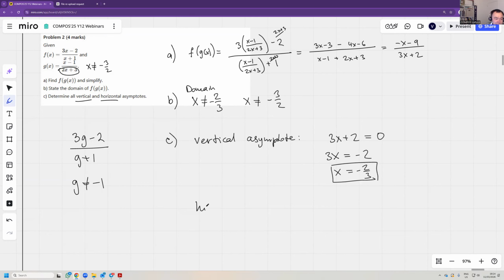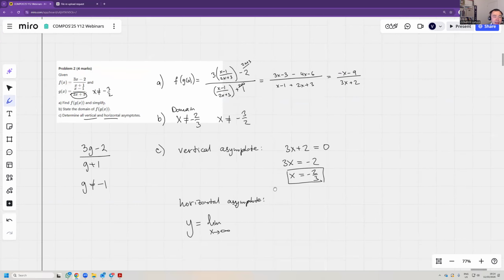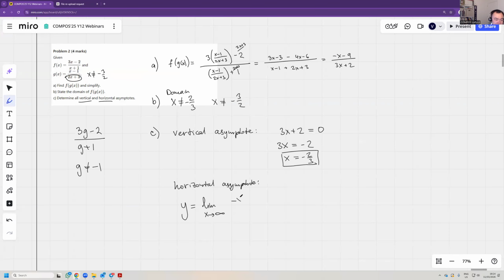To find the horizontal asymptote, what you need to do is find the limit. So y is the limit as x tends to infinity of minus x minus 9 over 3x plus 2.